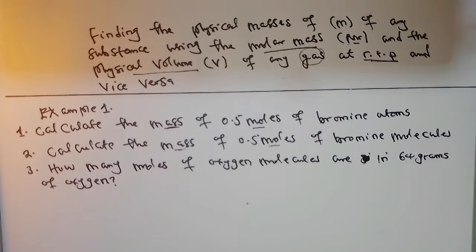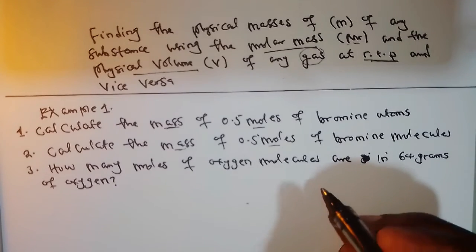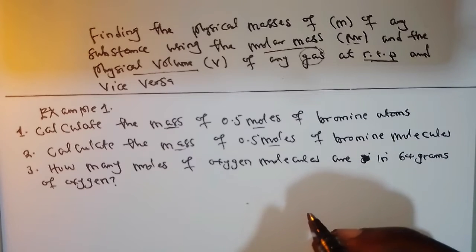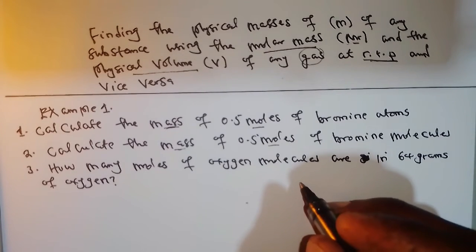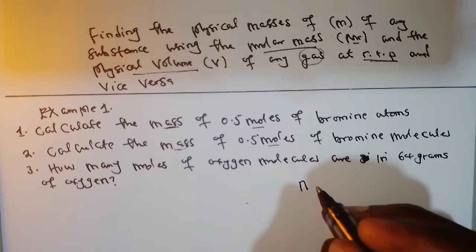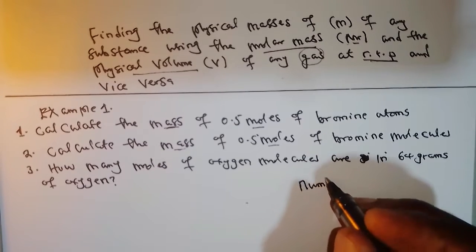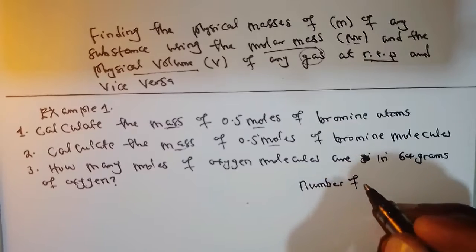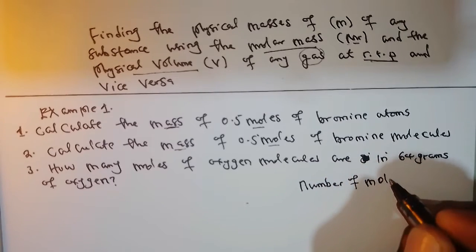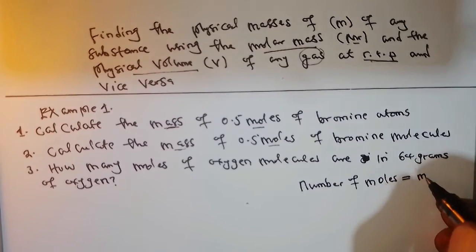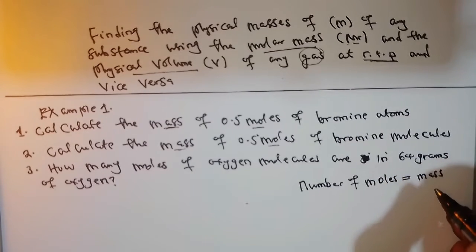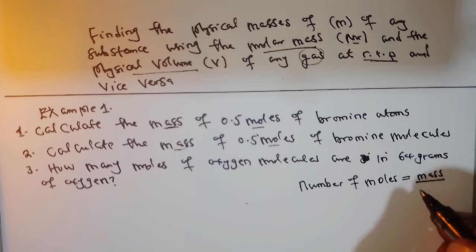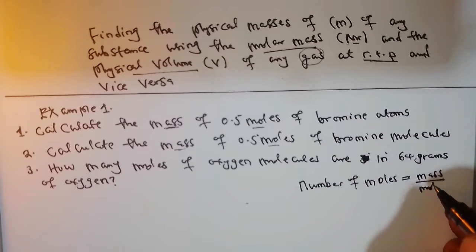Now there is something that we must be able to understand. The first procedure is that we must look at what the formula is. The formula is that the number of moles is equal to the mass of that substance divided by the molar mass.